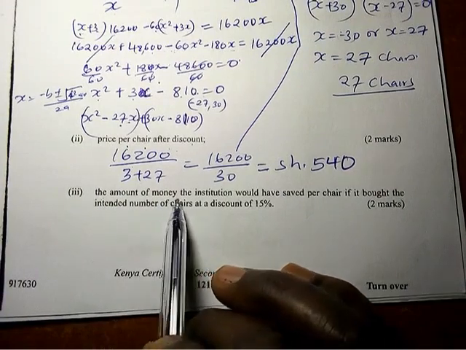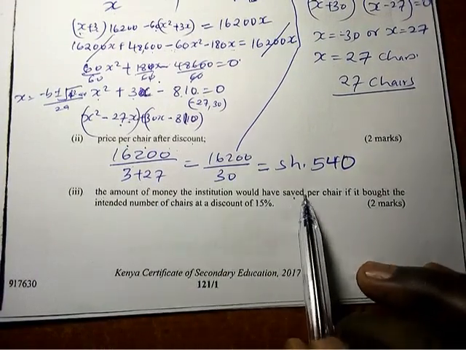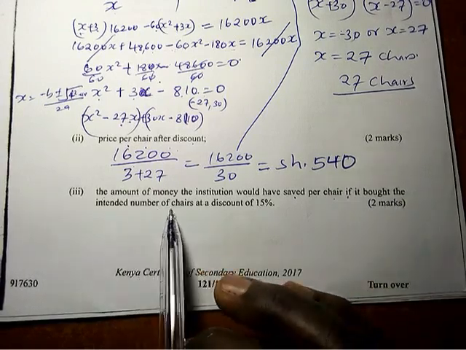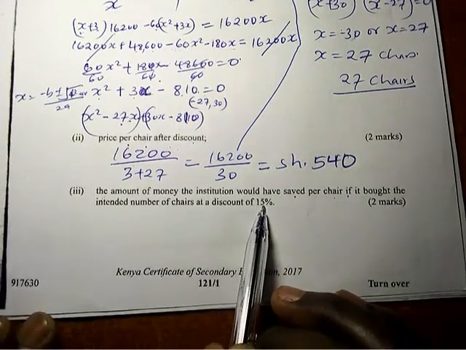The amount of money the institution could have saved per chair if it bought the intended number of chairs at a discount of 15%.